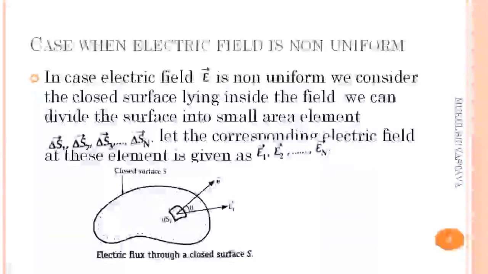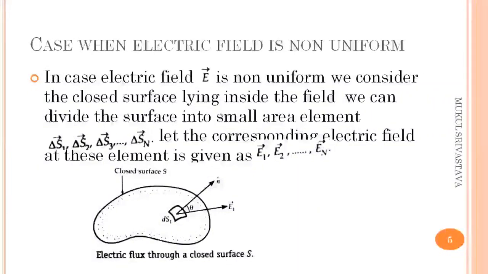Now we are going to consider the case when the electric field is non-uniform. In that case, we consider a closed surface S lying inside the field, and we can divide this surface S into small area elements, that is delta S1, delta S2, and so on, delta Sn. The corresponding electric field elements are given by the vectors E1, E2, and En.